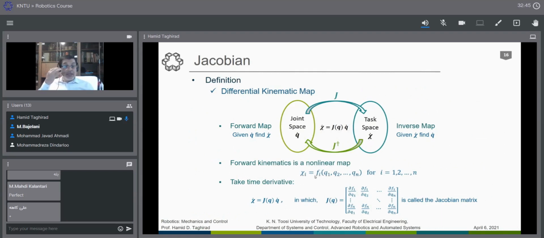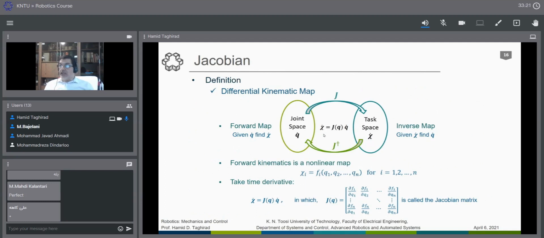But usually this is quite hard. It is possible, but it is quite tedious to do all the differentiation by hand on the forward kinematic map. We prefer to do it in a smarter and more appropriate way, which also provides us with some physical concept and insight into the motion of the manipulator.